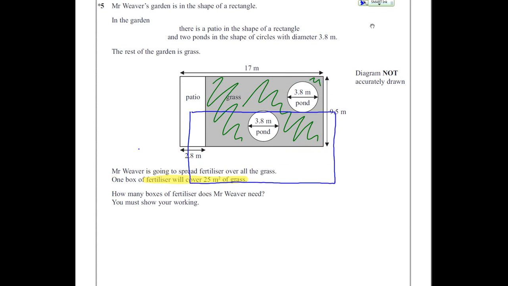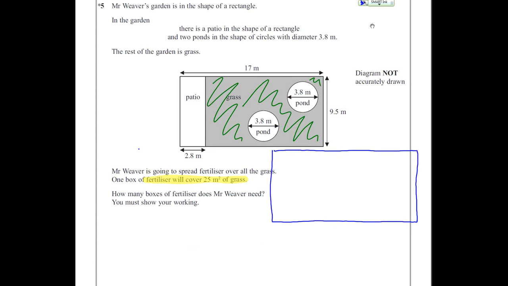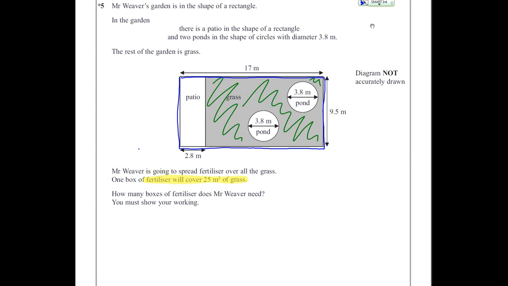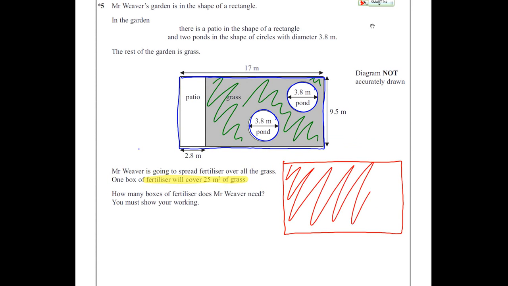We've got this shape, a big rectangle. We've got this shape, a slightly smaller rectangle. And then we've got the circles as well. Right, let's start off by thinking about this red shape. Let's just work out all of this area.